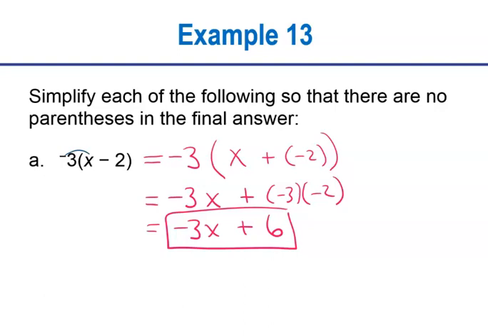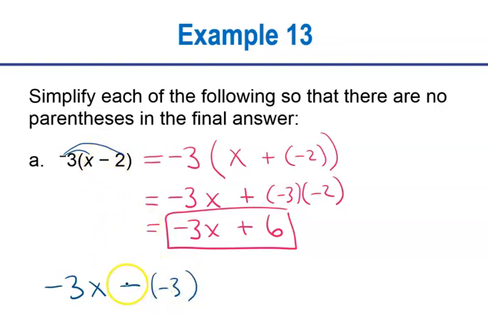Another way that could be handled is if we distribute over subtraction. So I can multiply negative 3 times x and then multiply the negative 3 times the 2 and bring the subtraction down. So watch this. So we have negative 3 times x, bring down the subtraction, and then we have negative 3 times.